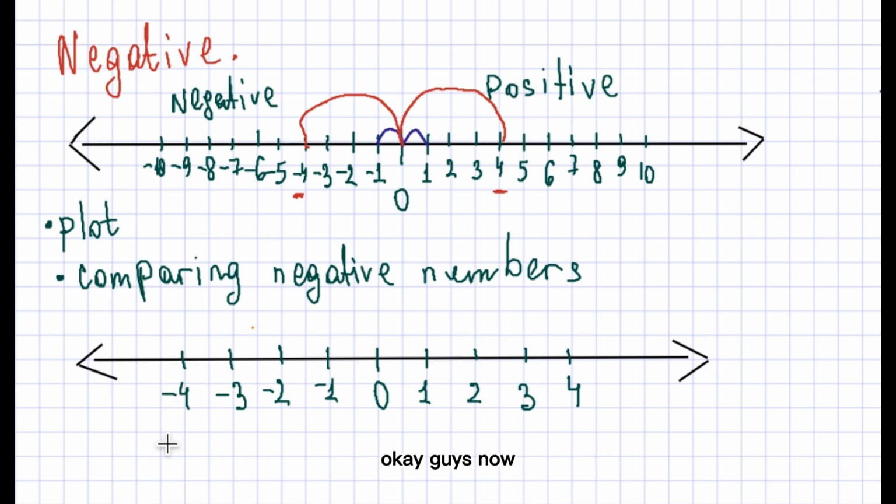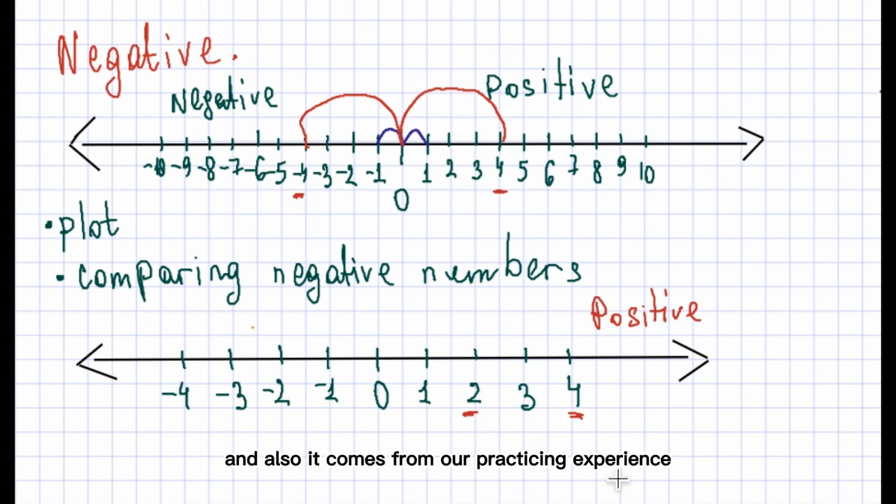Okay, guys. Now, if we want to compare 2 and 4, where is 4 and where is 2? Let us take the positive side, the right side. This is a rule and decision, and it also comes from our practice and experience, that 4 is more than 2.